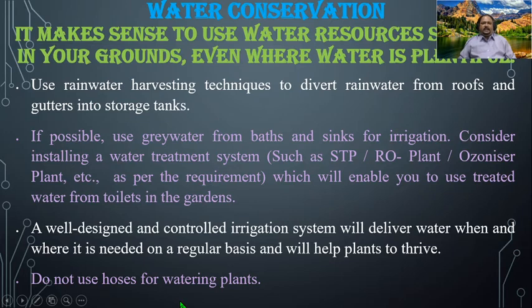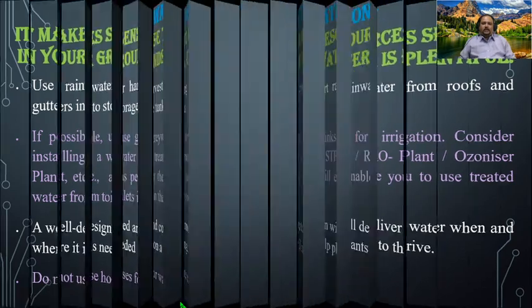A well designed and controlled irrigation system will deliver water when and where it is needed on a regular basis and will help plants to thrive. Do not use a hose for watering plants.